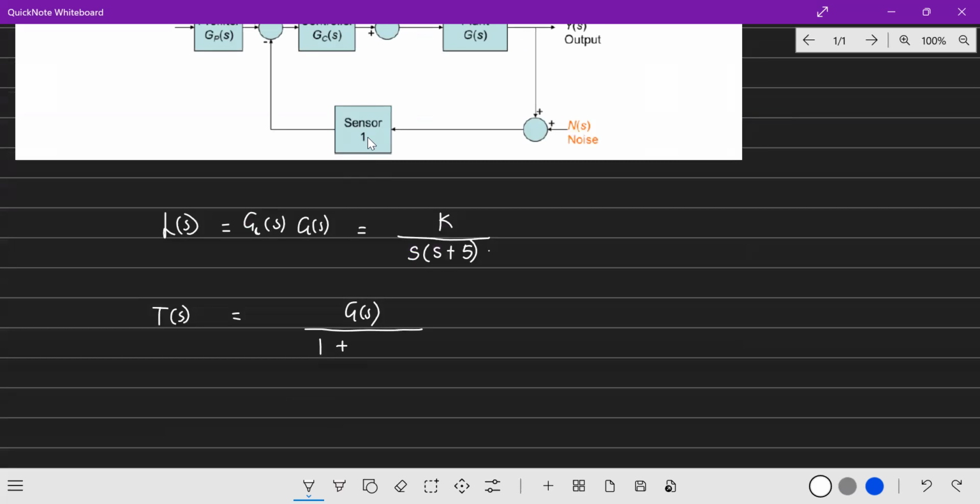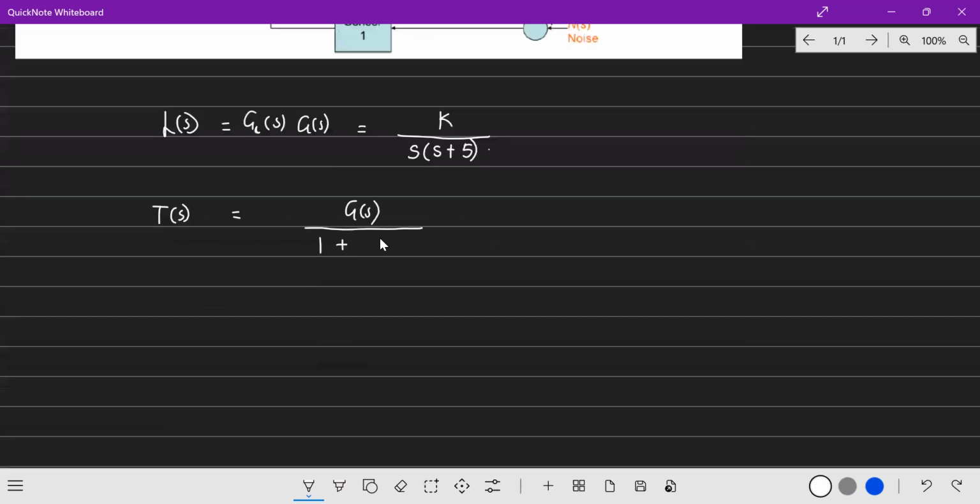There are two different G of S, so don't confuse the two. I can write this now as L of S, which is the forward gain or the open loop transfer function, divided by 1 plus L of S.